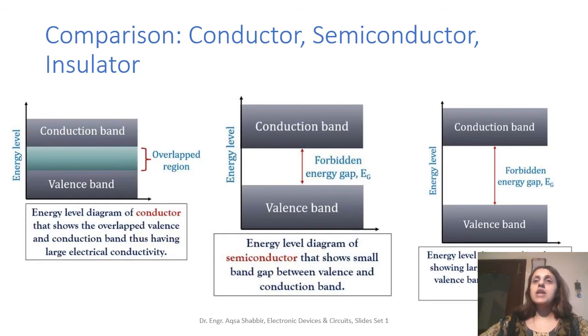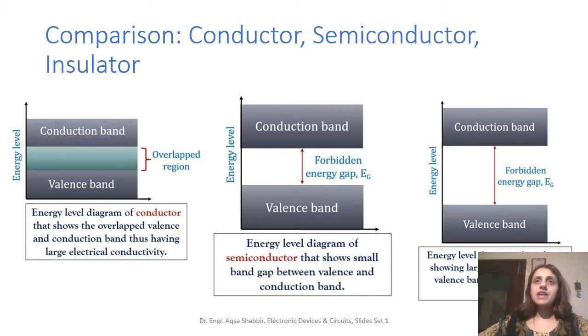Over here, now we see our conductors, which have a very high conductivity and low resistivity. Well, the reason behind that is that the conduction band and the valence band of the conductors almost overlap.